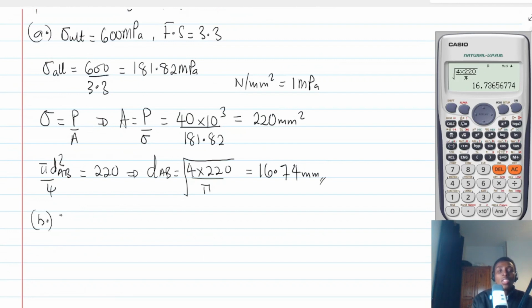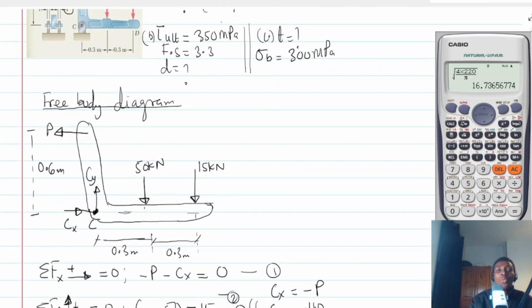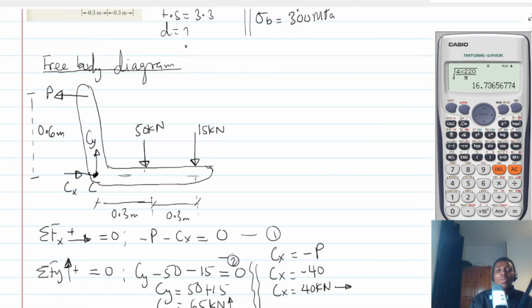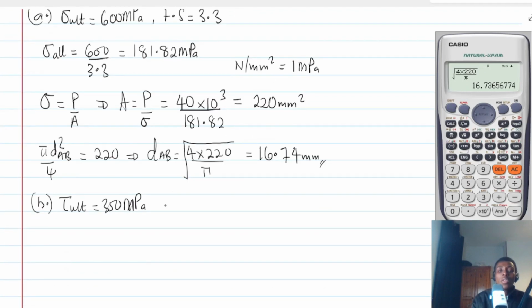Part B. The ultimate shear stress is 350 megapascals, and the factor of safety is 3.3.